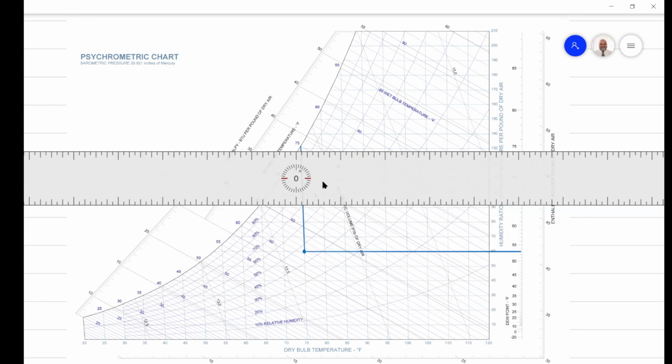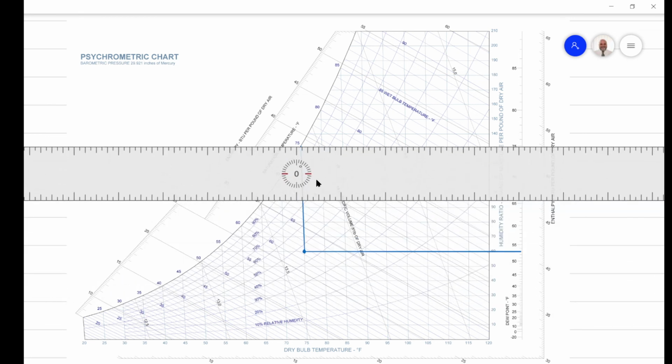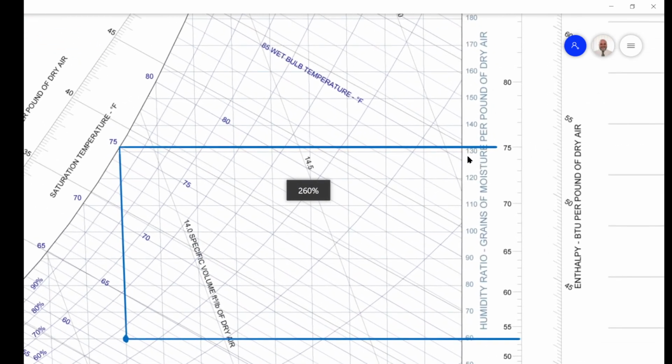Well, if I go and make another line, because this is how we find out how many grains of water is in the air, remove the ruler, go in there, it's roughly 132. So math is telling me that I can have 132 grains of water. However, I have 60 grains of water.